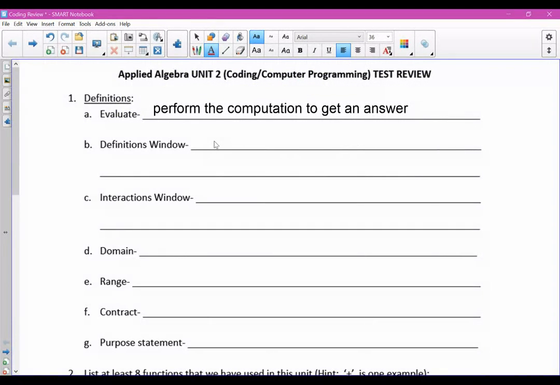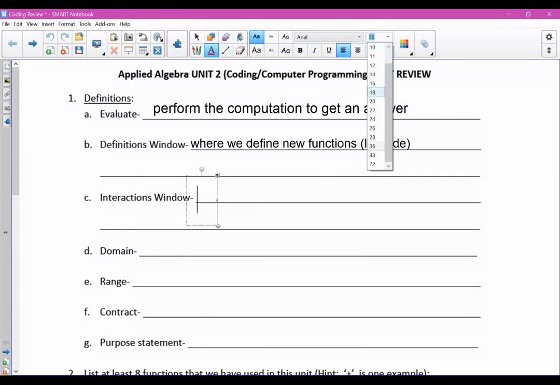All right, now our definitions window. So again, here we're talking about WeScheme. And in WeScheme, our definitions window was where we define new functions. Right, and that was the left side of the screen. Okay. And then our interactions window, same kind of thing, except that was on the other side of the screen.